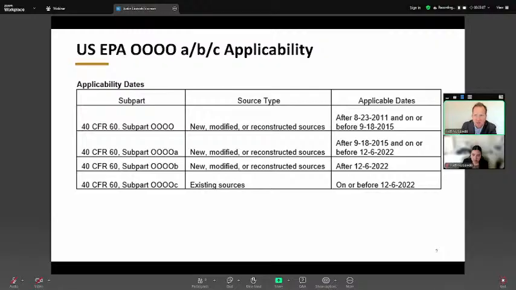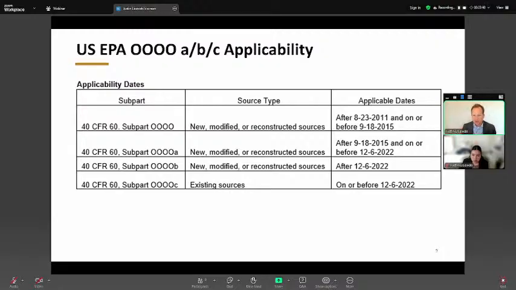And so EPA came about these Quad O standards, new source performance standards, NSPS, and they started with this Quad O. And that really applied to certified flares or control devices or something like that, and didn't really dig into the actual CVS. Enter subpart A, so Quad OA, and basically any new, modified or reconstructed facility from September of 2015 to before December 6th, 2022.